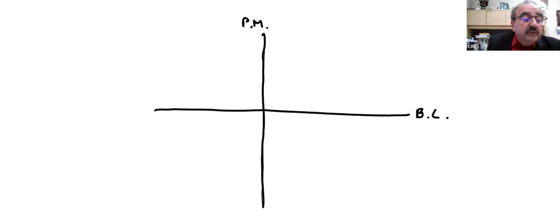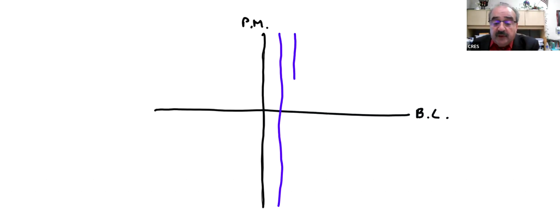Now, I want to change the color of my pen. So, let me show you. Parallel to the principal meridian, every 6 miles, there's a strip of land called a range. It's very hard to draw this, so just bear with me.